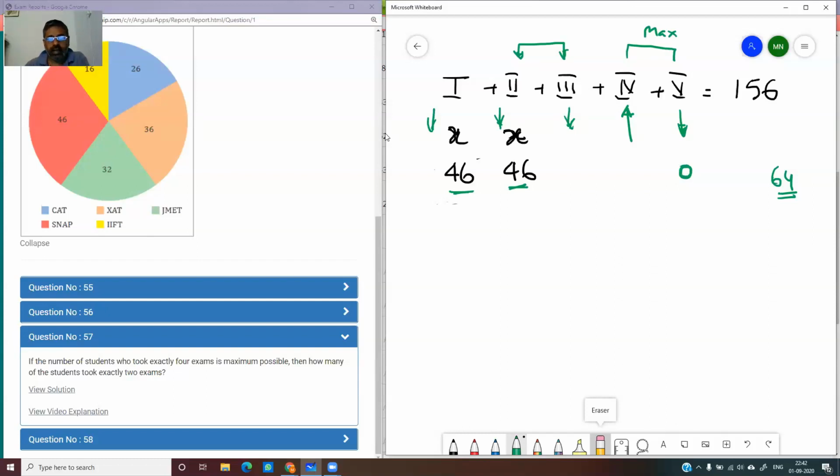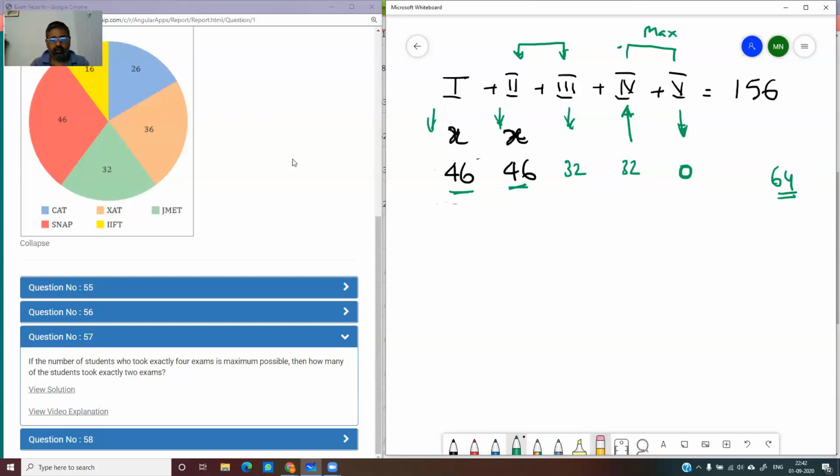So then we need a maximum value here. What is the maximum value possible here? These two can be equal, isn't it? I can take 32 here. Is that okay? Can I do this? Right.